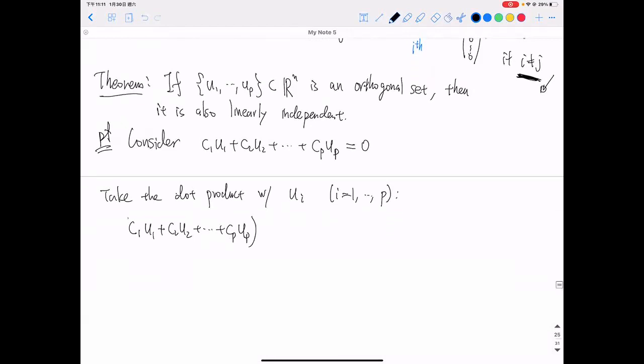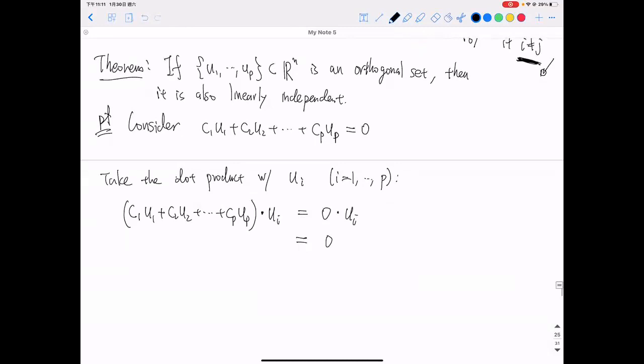On the left-hand side, I'm dotting this linear combination with UI. On the right-hand side, I'm dotting 0 with UI. So I immediately know what I get. On the right-hand side, that has to be 0.